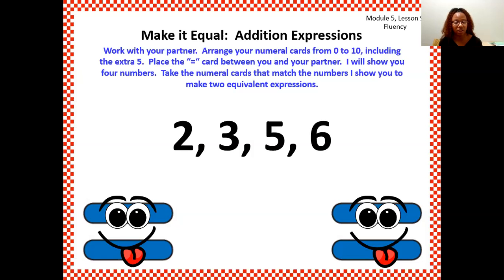Because those two are equal to 8. Or if you have expressions that are equal to 8 using those four numbers, that's good as well. Here's our next set of numbers. Tell me, what did you come up with?